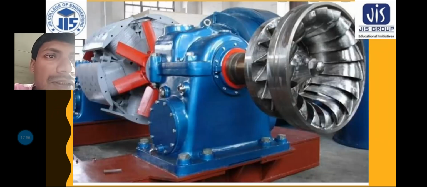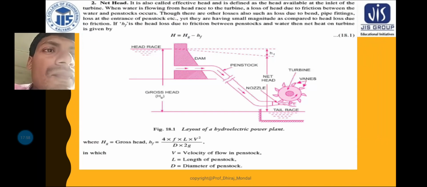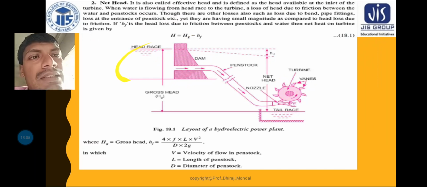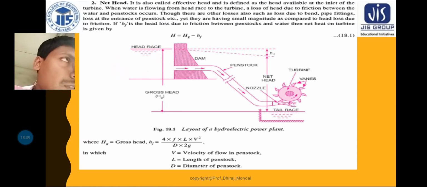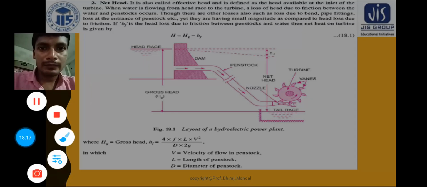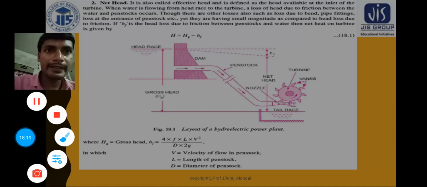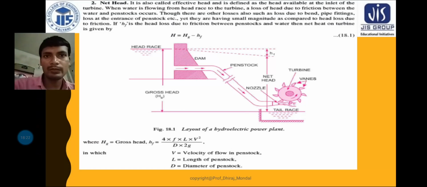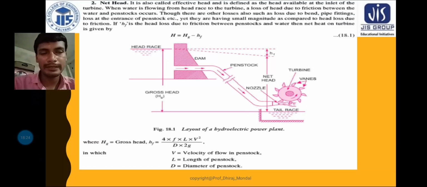Again, this one is your turbine. Now here there is some water power in the dam when the water is reserved. You can see that in the head race, the power available in the head race is called your water power.